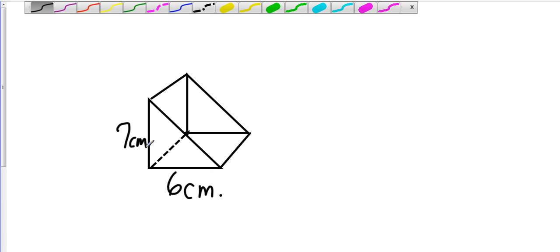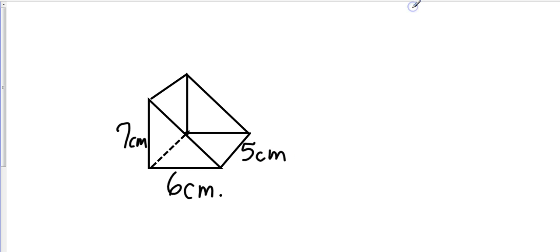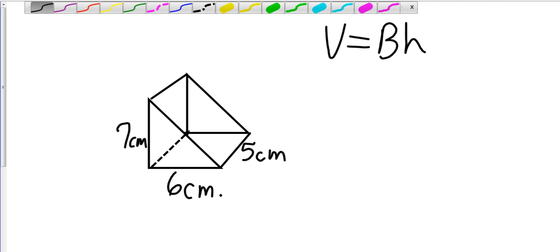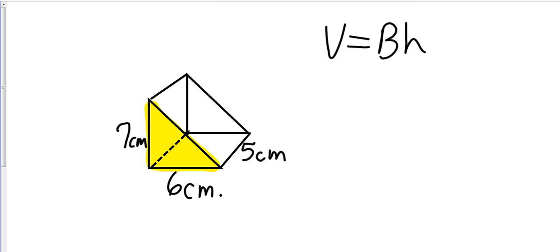And then let's call this 5 centimeters. So volume is area of the base times the height. So let's go with the base on this one. Let's go with the base being right here. Okay, so there's my base.